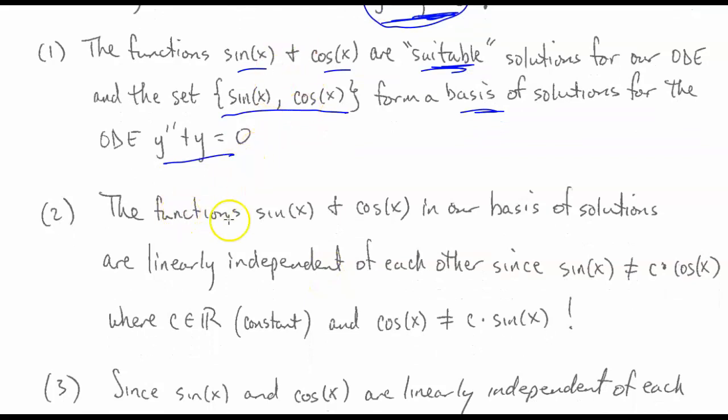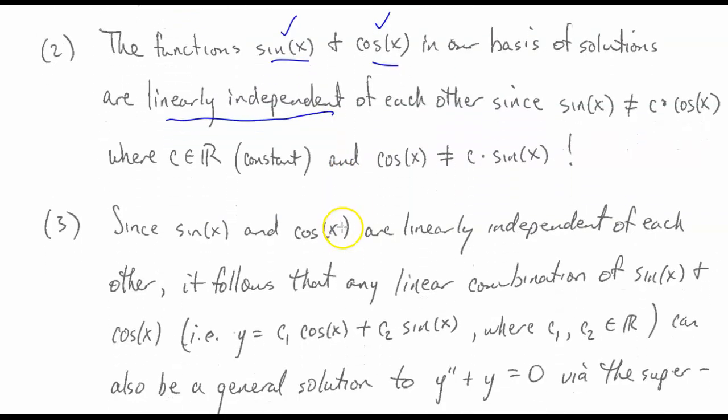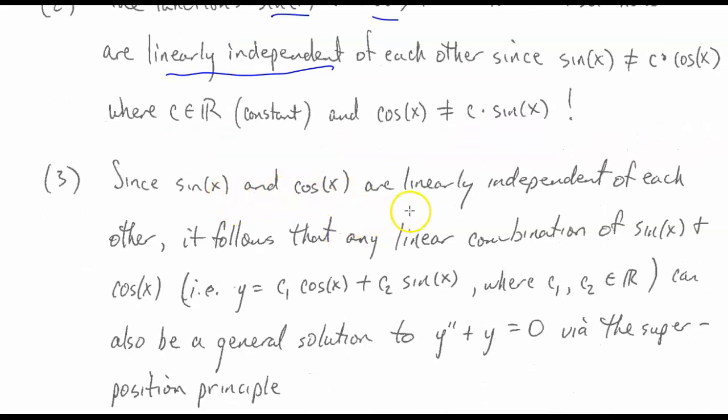Now, we know that the functions sine and cosine in our basis are what we call linearly independent, and that is because we cannot rewrite sine or cosine as a non-zero constant multiple of each other, okay? The third thing here is that sine and cosine are linearly independent of each other. Because of that, it follows that any linear combination of both of these functions that are in our basis, which we'll write like this, will also be a general solution of this particular equation here.